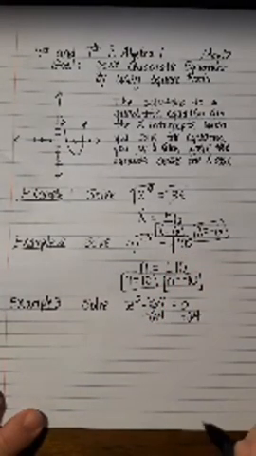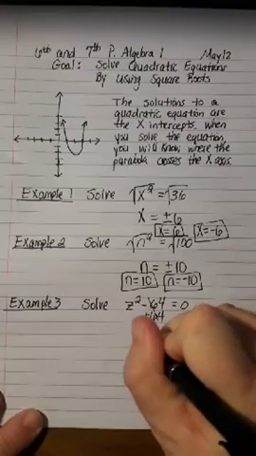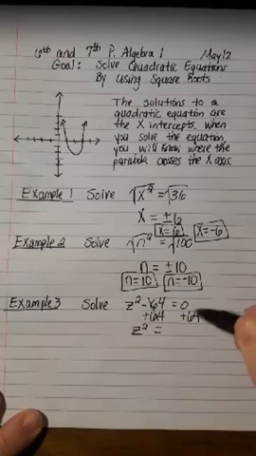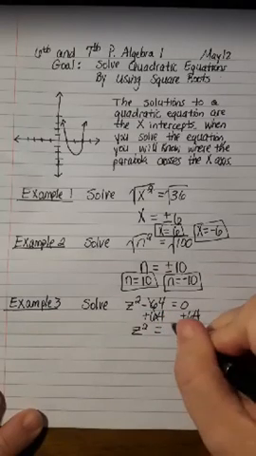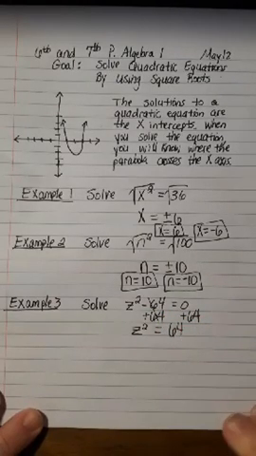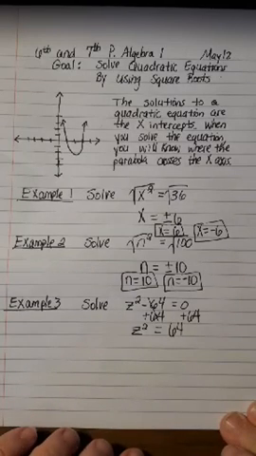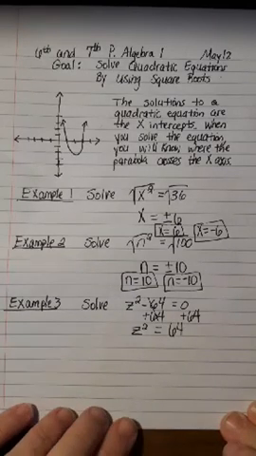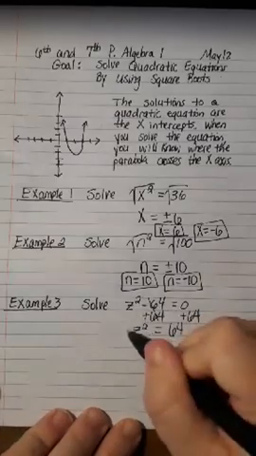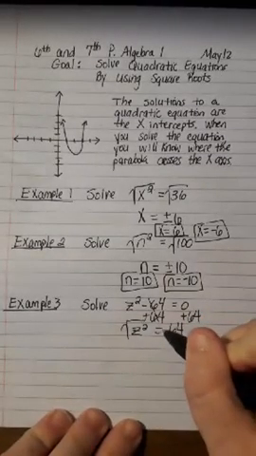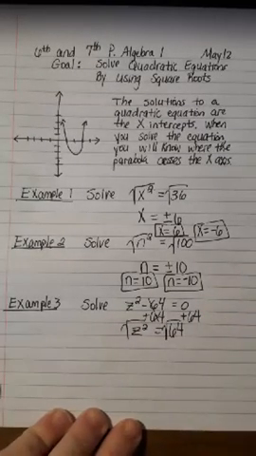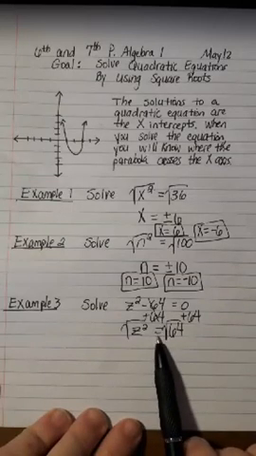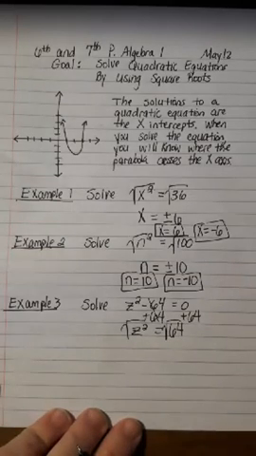So those cancel, and you get z to the second equals 0 plus 64. And now you're ready to take the square root of both sides. So we're going to take the square root of the left side and the right side. And when I say left side, right side, I'm talking about the left side of the equal sign and the right side of the equal sign.